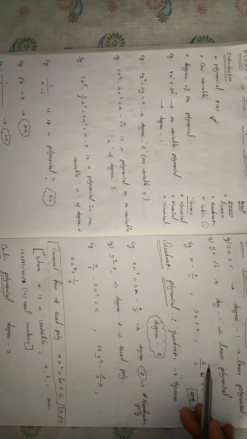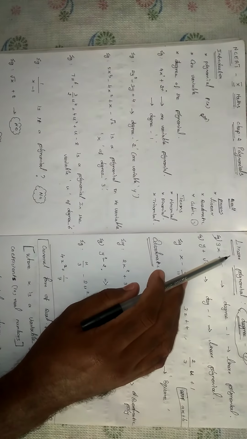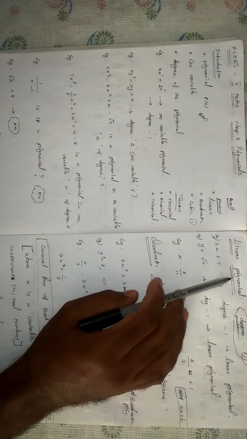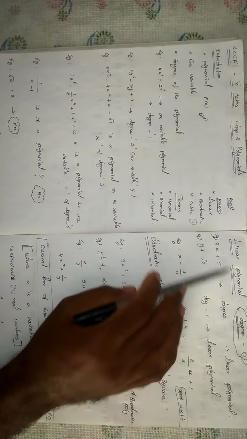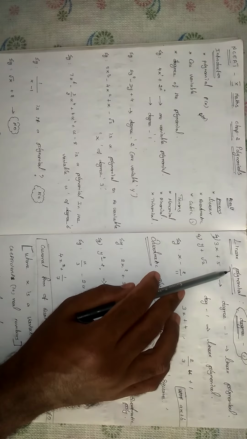Next, polynomials can be classified category wise by their powers, because we are learning about power, that is, the degree, right? First one is the linear polynomial. A polynomial that has degree 1 is a linear polynomial.